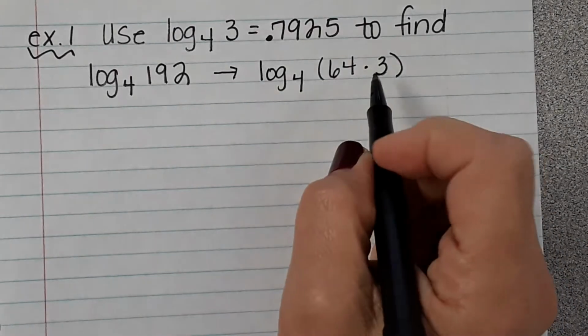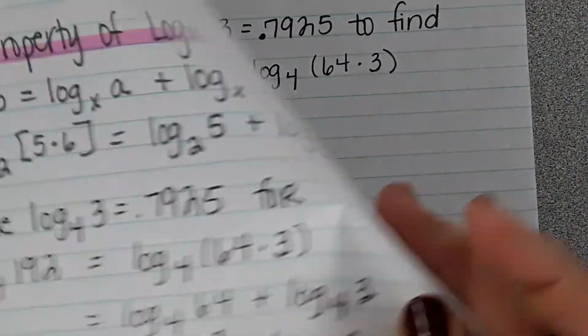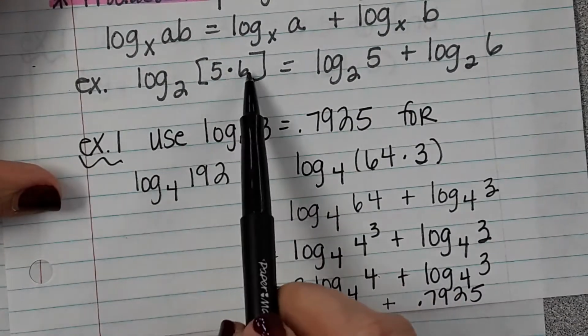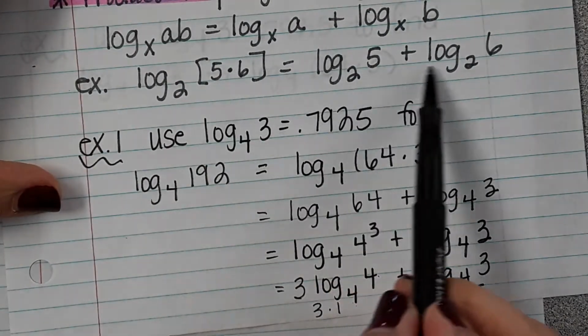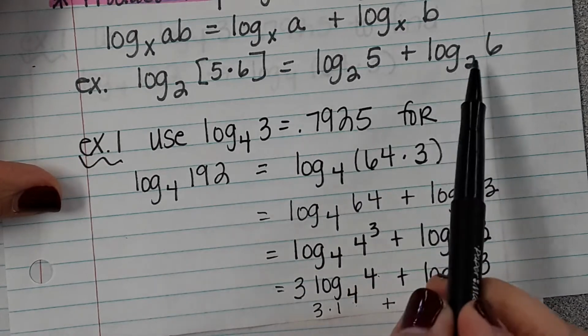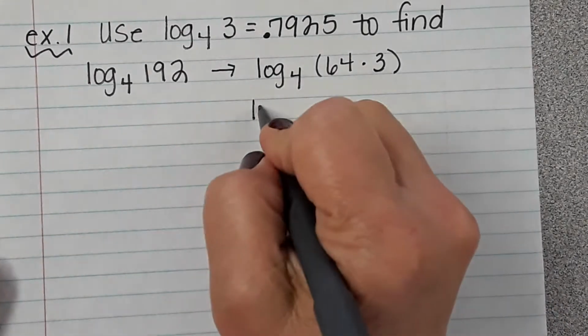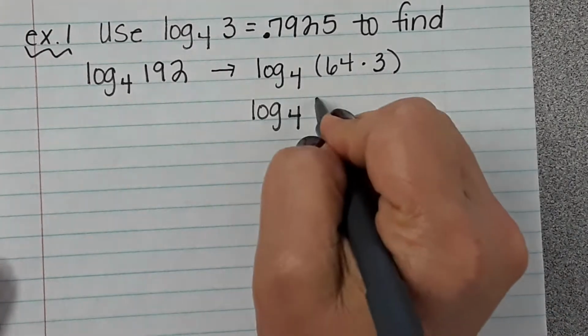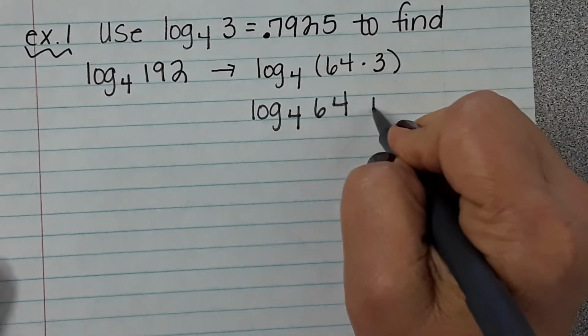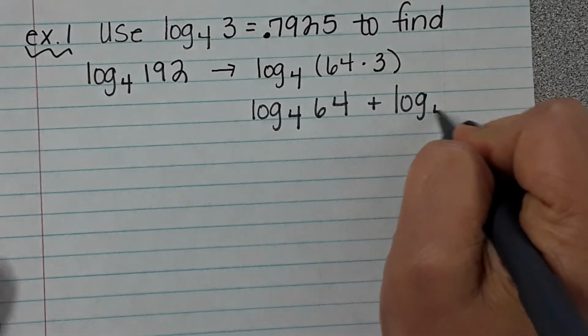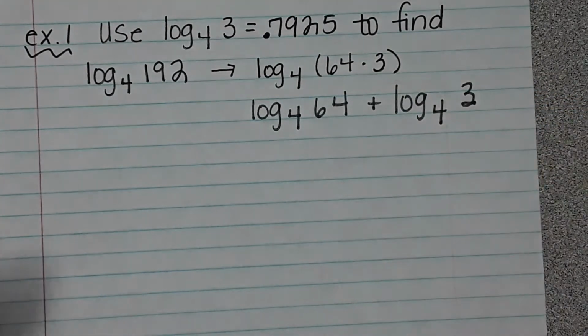Okay, so now we just learned the product property, which means if I have a multiplication problem, I can rewrite it as an addition problem. So log base 4 of 64 plus log base 4 of 3.